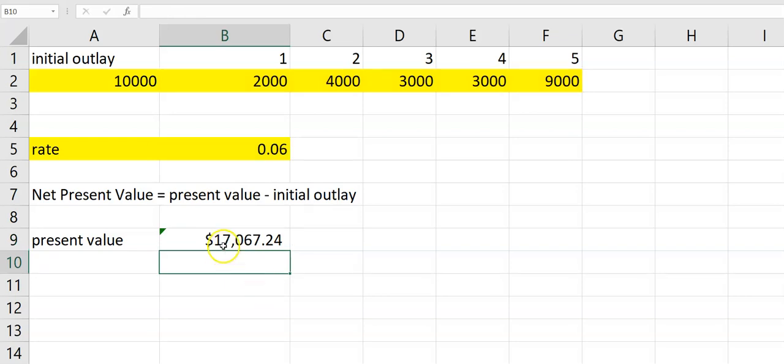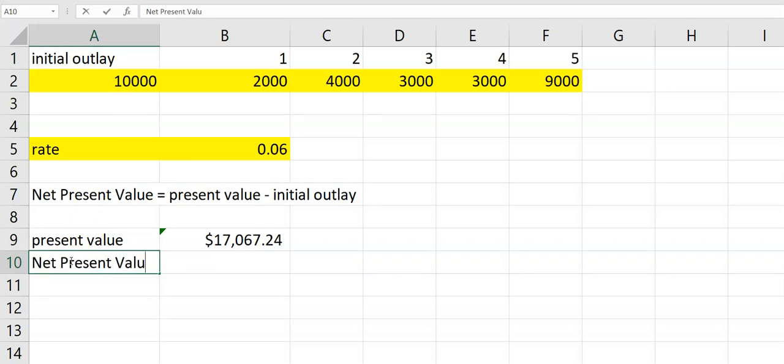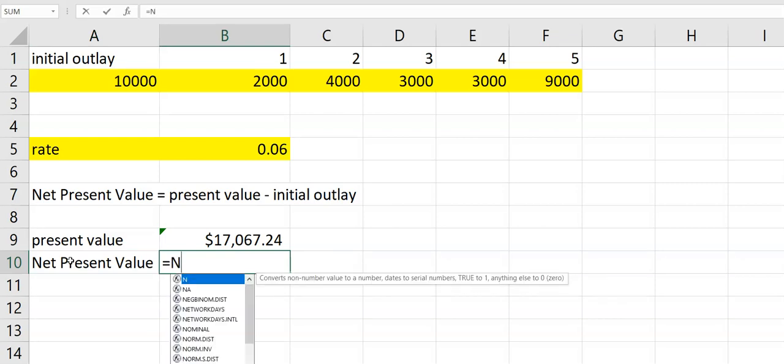If I just do the net present value of this, it gives me a number of $17,000. But what about that initial outlay? I got to subtract that to get the net present value. So the net present value, I'll do the whole calculation.